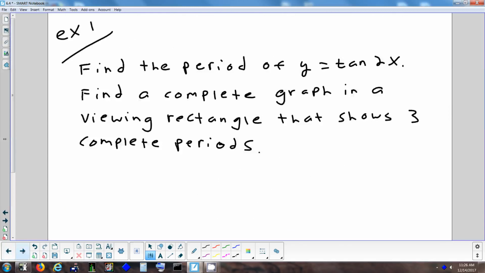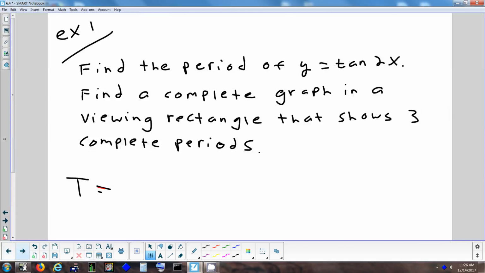Now, a good time to try an example. In the example, I'm leading you through what you need to do to answer the later question. I'm asking you about finding a complete graph. To do that, you need the period. That's the first thing I ask you. What's the period?